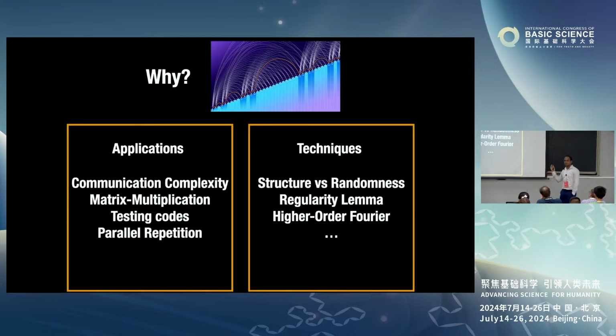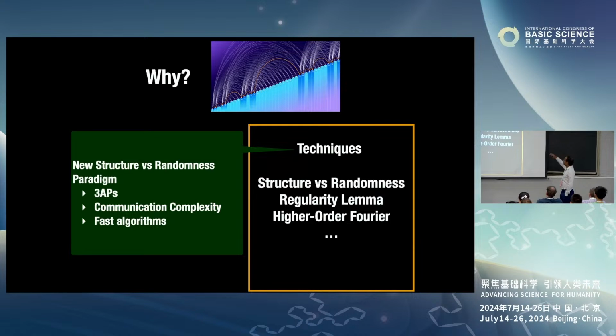This started from Roth's work and, for example, Szemerédi's regularity lemma, which is a tool in graph theory and in combinatorics, all in the context of studying this problem, and so 4-term arithmetic progressions and so on. Higher order Fourier analysis was also very instrumental in studying this problem for 4-term arithmetic progressions.